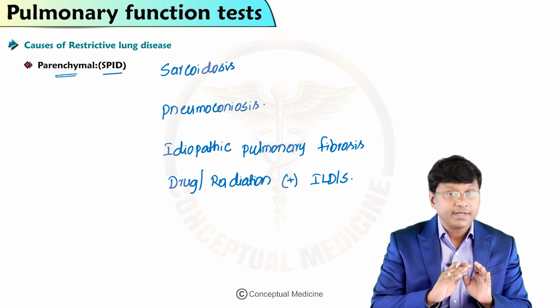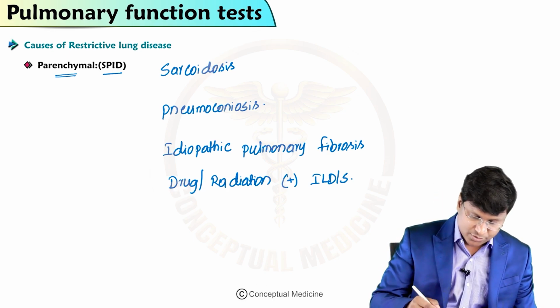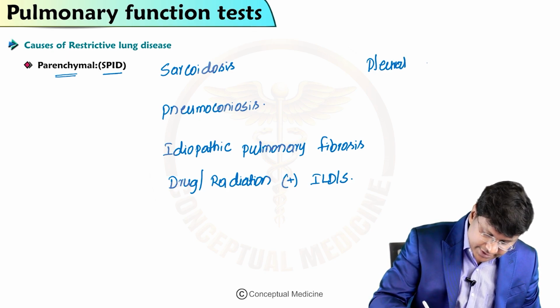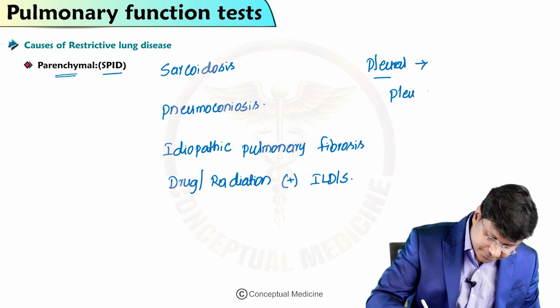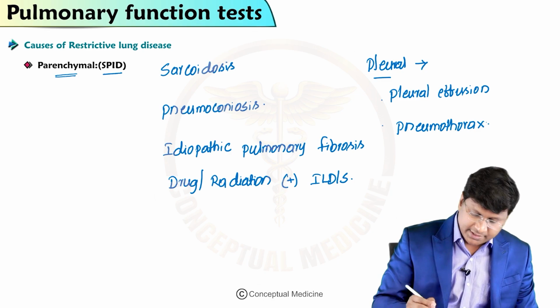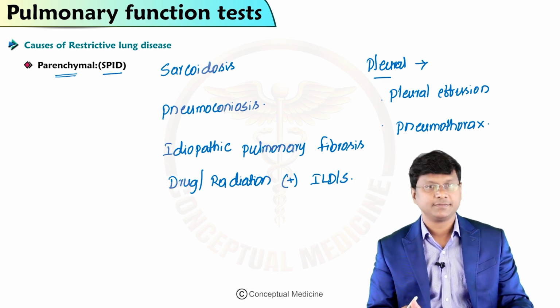Then you take extraparenchymal, that is pleural disorders. So pleural disorders which will cause the restrictive lung diseases include pleural effusion and then pneumothorax. Even these disorders will restrict the lung parenchyma from expanding.